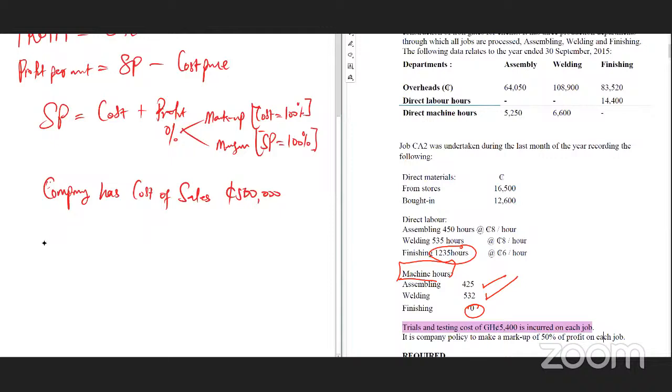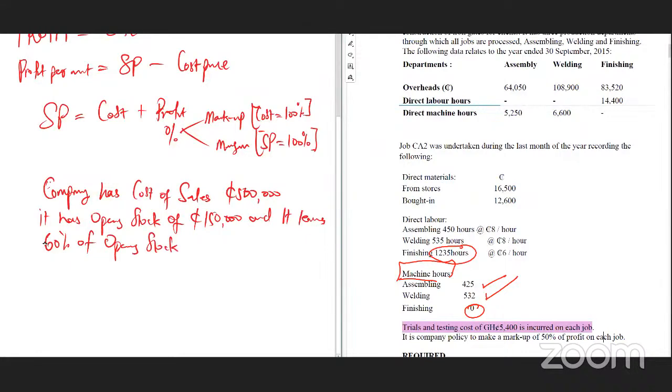It has opening stock of 150,000, and the company leaves 60% of opening stock as closing stock to the next period.